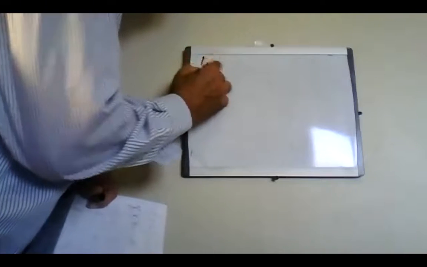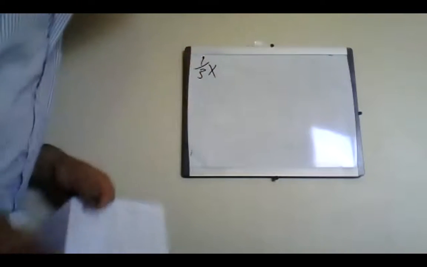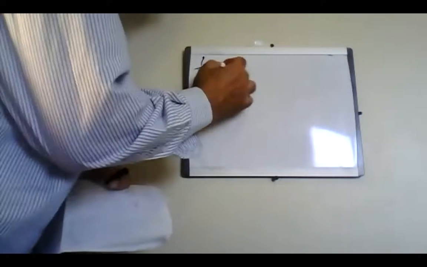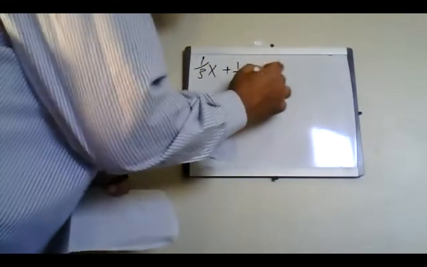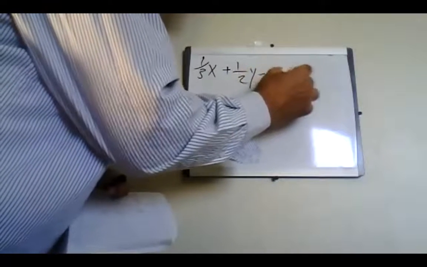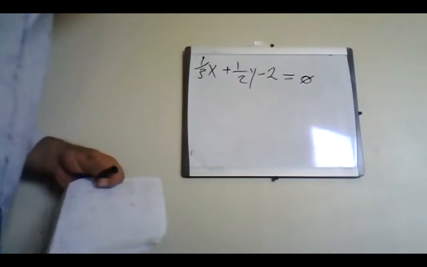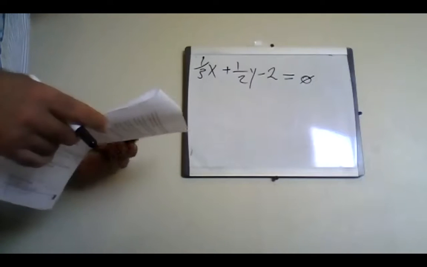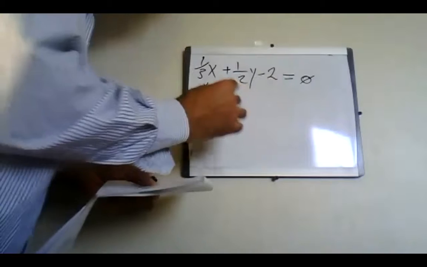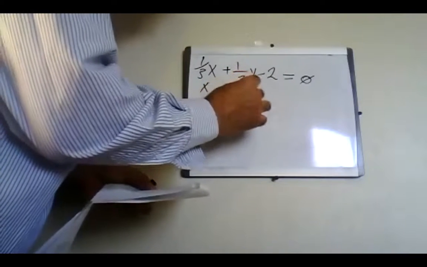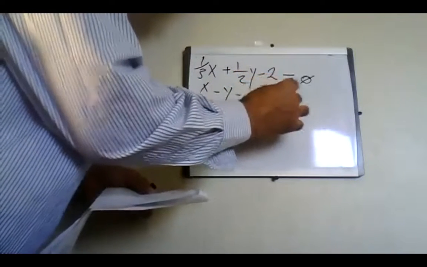Let's say we have two equations. The first one: 1/3 x plus 1/2 y minus 2 equals 0. And I have another equation, suppose x minus y minus 8 equals 0.